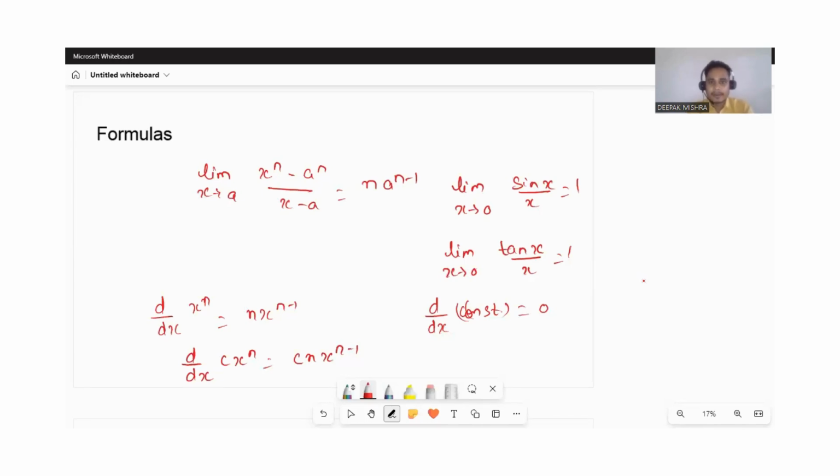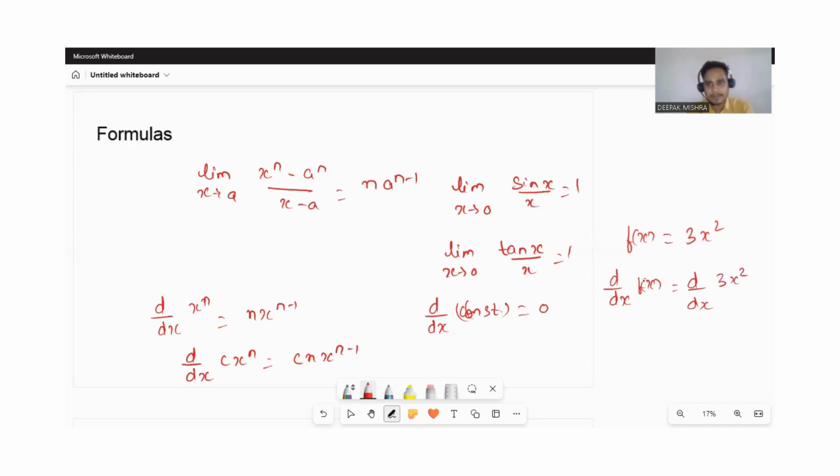Now let's take some example related to finding the differentiability of a function, 3x to the power 2. The function is given as f(x) equal to 3x square, and we have to find f'(x), that is dy/dx. So dy/dx of f(x), where f(x) is 3x square, is dy/dx of 3x square.